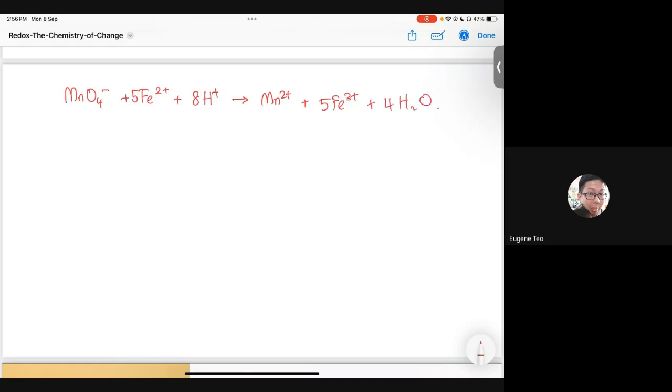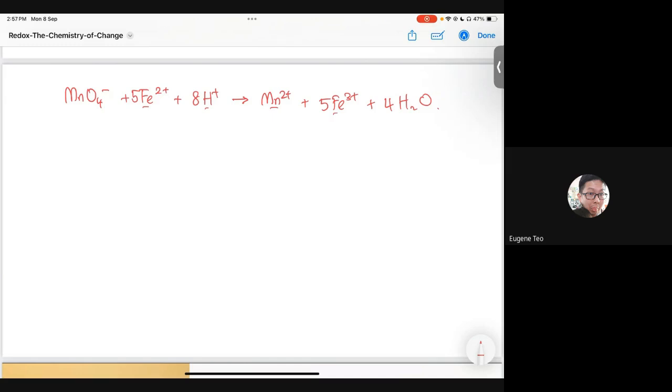Okay, I mostly want to use this because of the application of the rules, where a lot of students make common mistakes. So let's start. Let's apply rule 0. Rule 0 says that if it is an element, it will be oxidation state 0. Now, isn't iron here an element, hydrogen an element, Mn an element? The answer is no. Why?